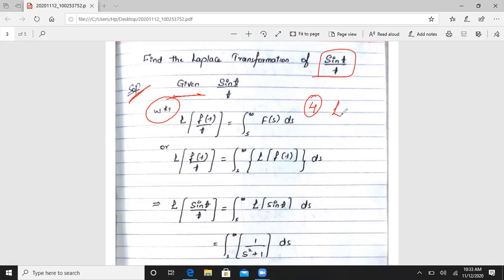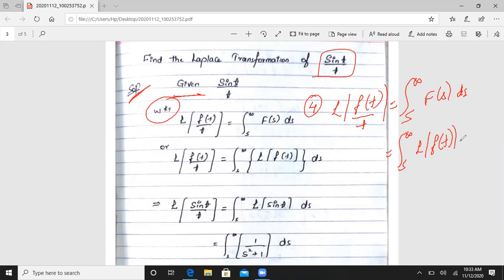The Laplace transformation of f of t divided by t is equal to integration over s to infinity f of s into ds, or integration over s to infinity of the Laplace transformation of f of t into ds.